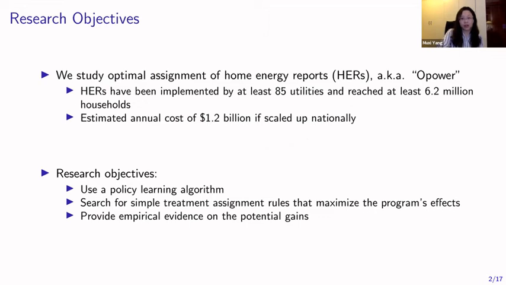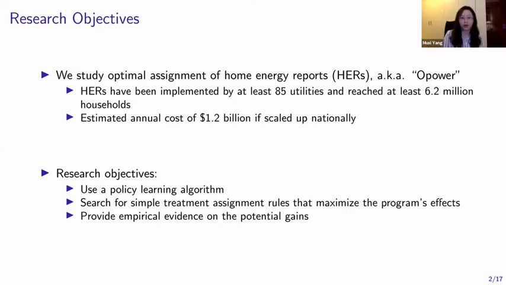It is a widely adopted program in the US and I believe across the world as well. In the US in particular, it has served over 6 million households and the estimated annual cost is over $1 billion if this program is scaled up nationally. So I think it's important that we think about how to maximize the cost effectiveness of this program.